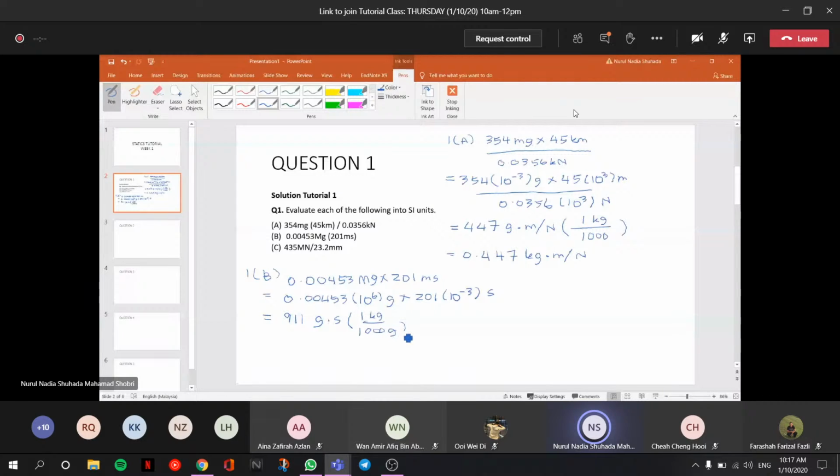Okay. So the answer to question 1B would be 0.911 kilogram second.